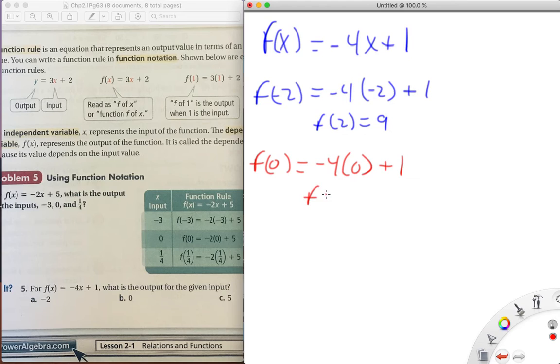So f of 0 equals 1. See where I'm going with this? F of 5 equals negative 4 times 5 plus 1. Negative 20 plus 1. F of 5 equals negative 19. Okay?